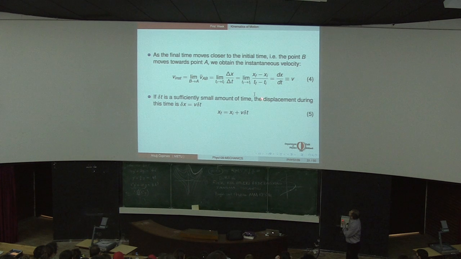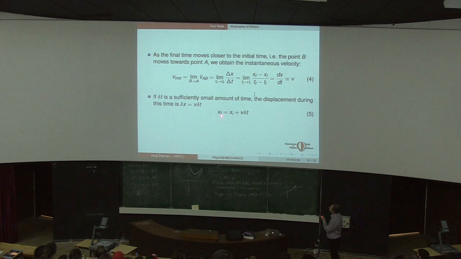But if you look at this expression, I can just say the change in x in a very small amount of time is nothing but v times that time interval. So if I know the position of my object at a given time, and if I know the velocity of my object at the same time, then I can calculate its position at the successive time.